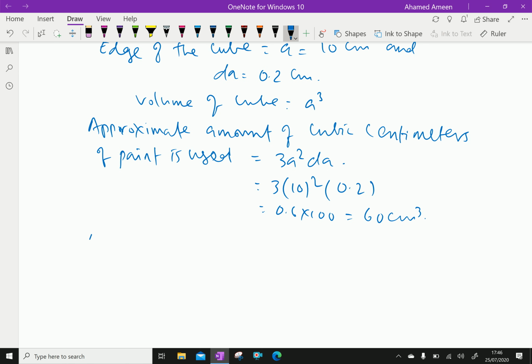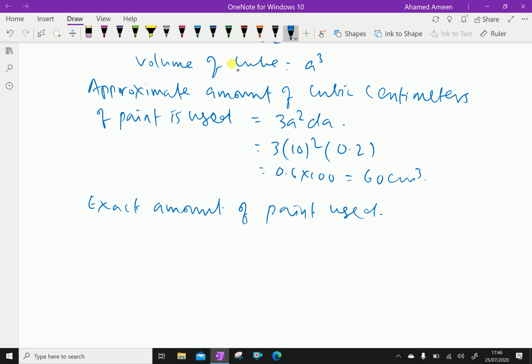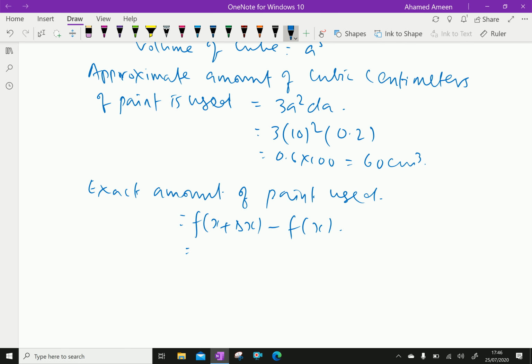Exact amount of paint used is outer volume minus inner volume, that is f of x plus delta x minus f of x, where f is the function of cubic centimeter.